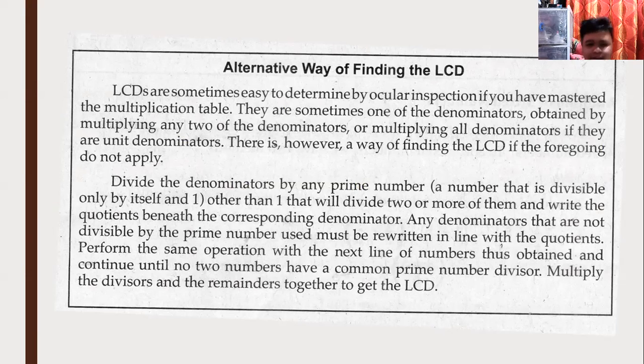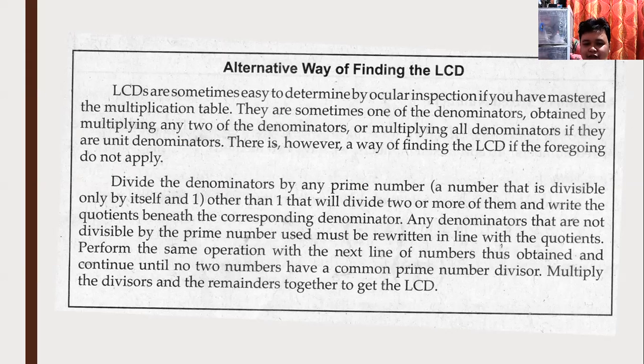It says here, sometimes one of the denominators is obtained by multiplying any two of the denominators, or by multiplying all the denominators when their values are the same. There is, however, a way of finding the LCD if the foregoing do not apply.